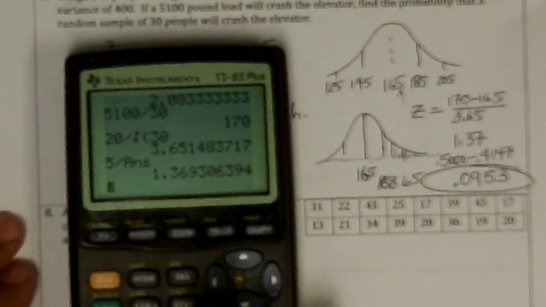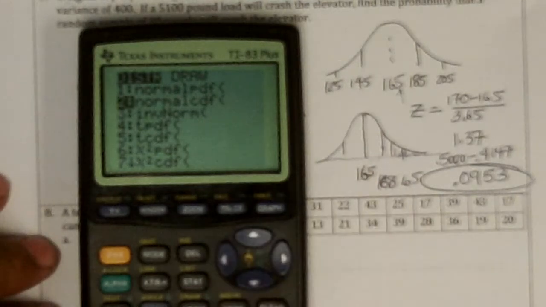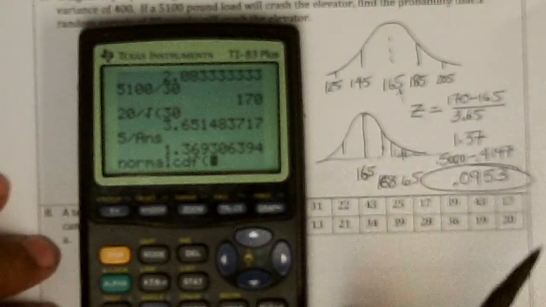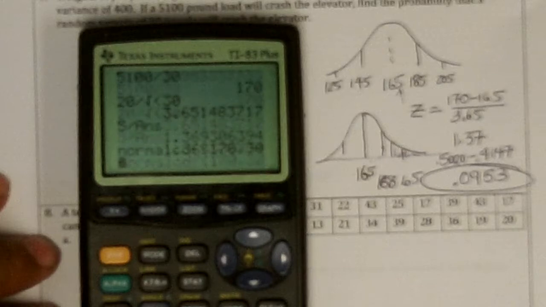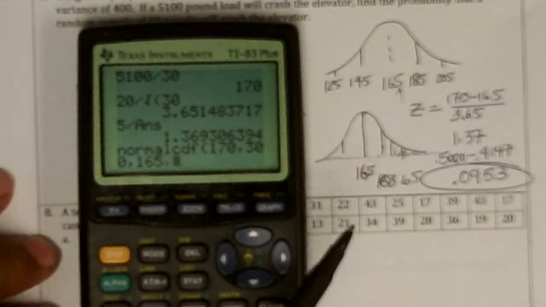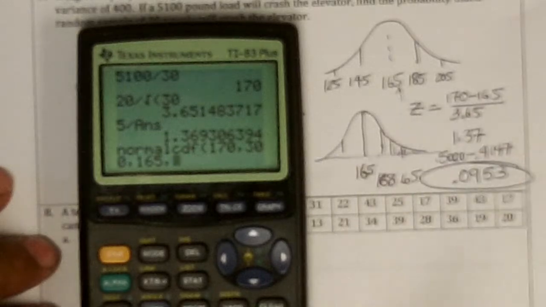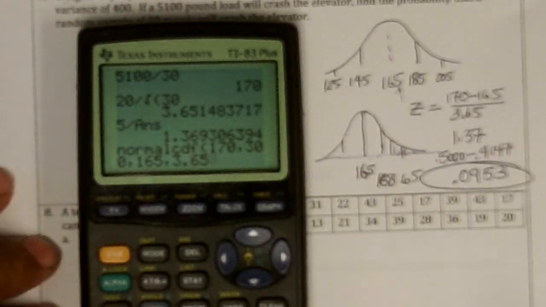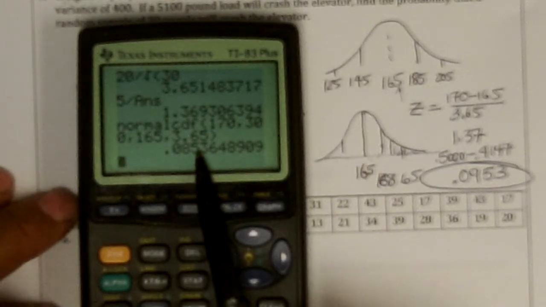Now I should be able to get that with the calculator also. I want to do normal cumulative from a score of 170 and higher, way higher would be like 300 or something big, comma, with a mean of 165 and a standard deviation of 3.65, and it says it's 0.0853.